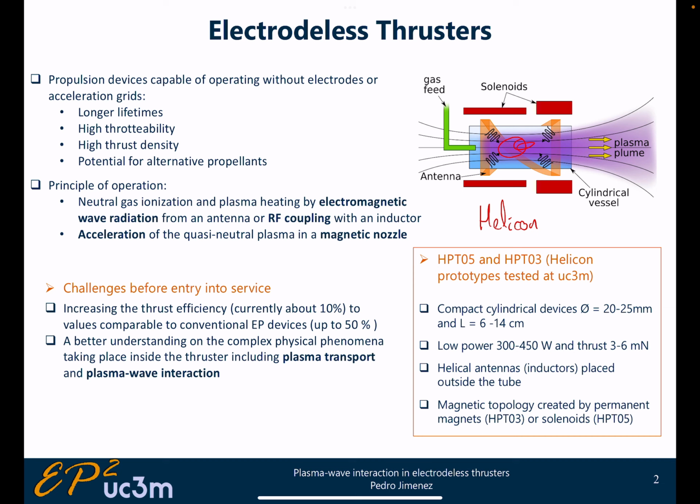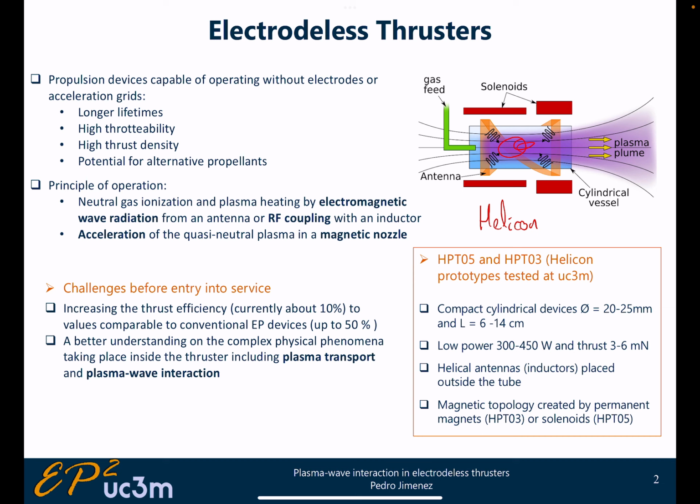But we also have other methods like waveguides, coaxial cables. In any of these methods, the electromagnetic wave interaction with the plasma is key to the working of the device, to the performance of the device.